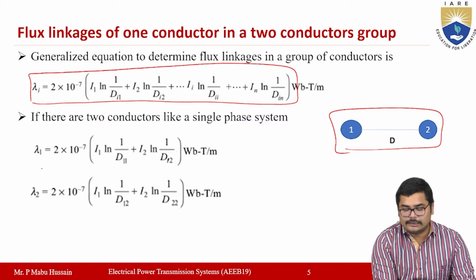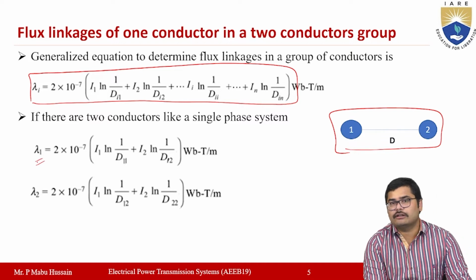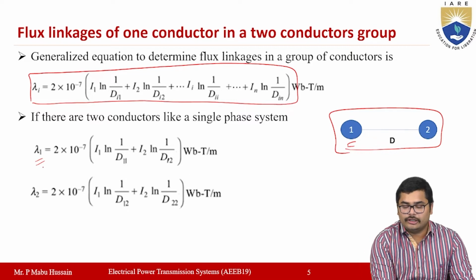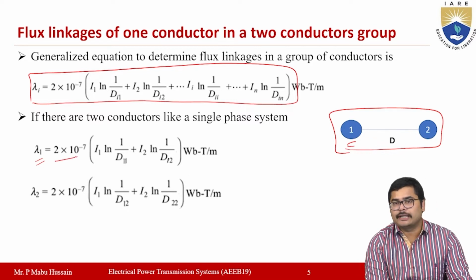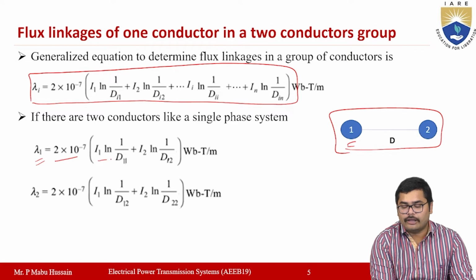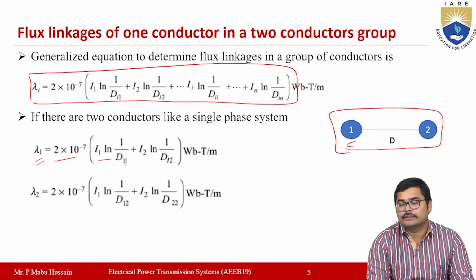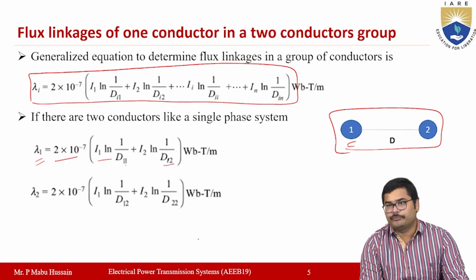So lambda 1, the flux linkage of the first conductor due to current flowing in both the conductors, will be equal to 2 into 10 power minus 7 into I1 into ln 1 by d11 plus I2 into ln 1 by d12.